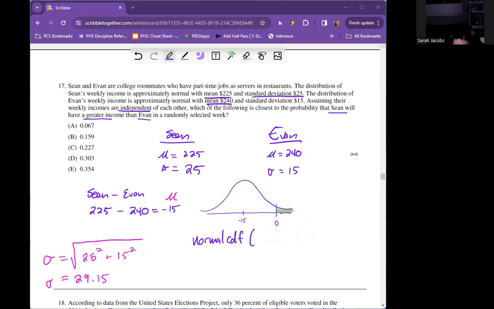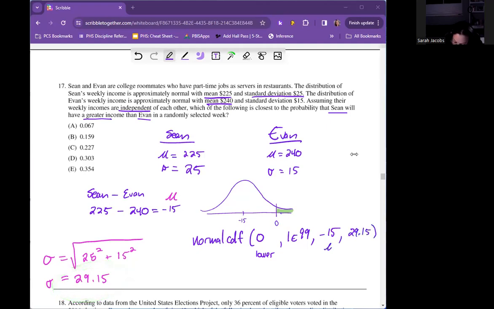Our lower bound is going to be 0. Our upper bound is going to be positive infinity. Our mean is going to be negative 15. And our standard deviation, we just calculated, is going to be this 29.15.